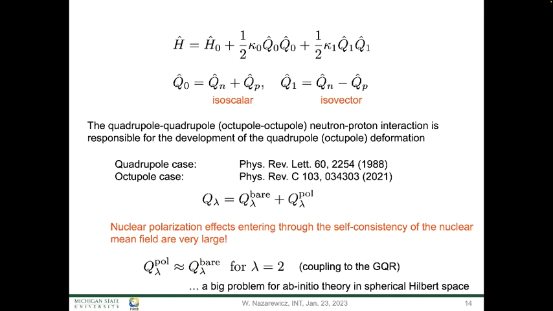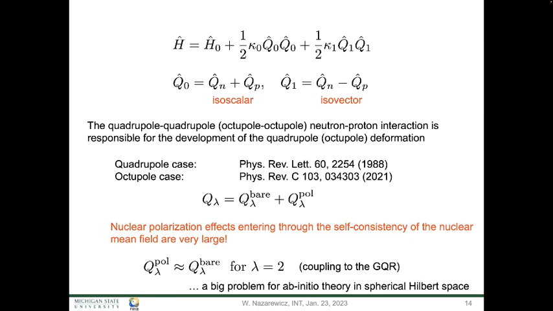So you see 50% of nuclear deformation comes from polarization, which comes from coupling to the giant quadrupole resonance, a mode which is at 15 megaelectronvolts. So this is actually a big problem for ab initio theory of, say, deformations, because usually those models are written in a spherical Hilbert space.